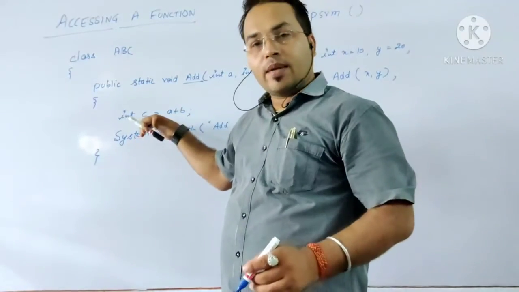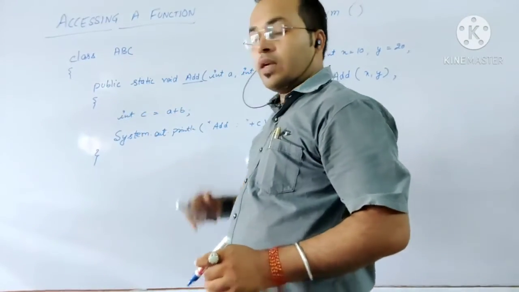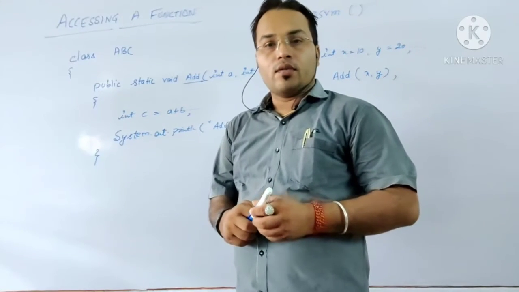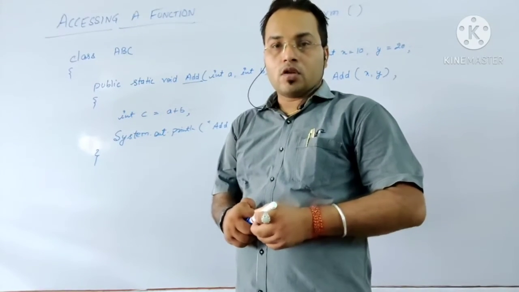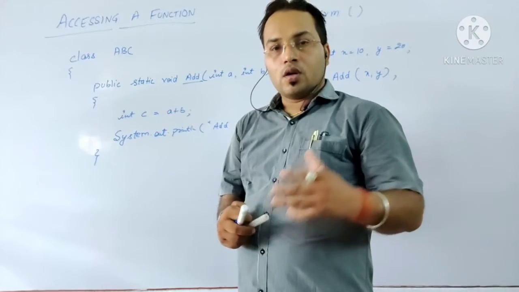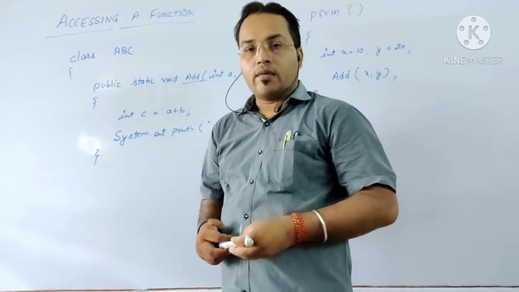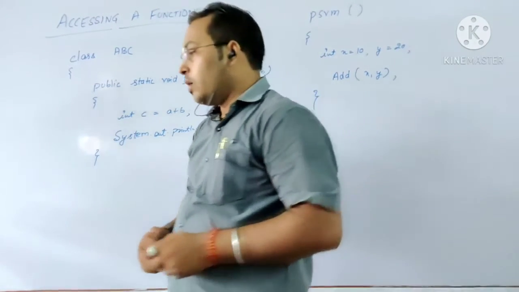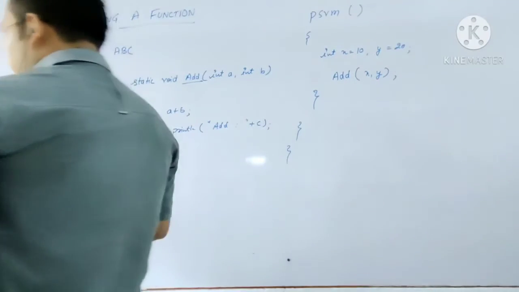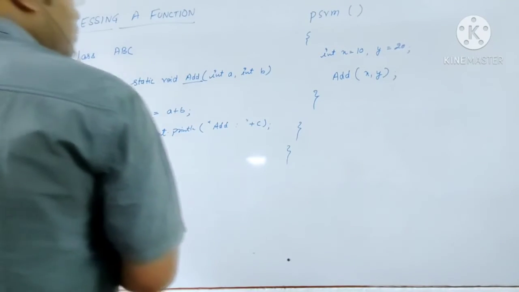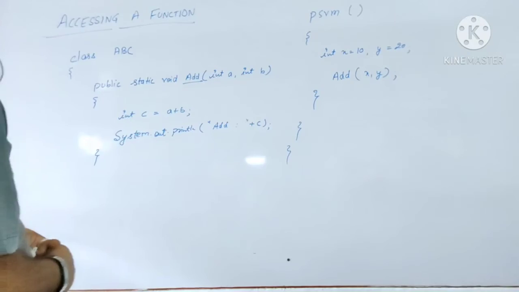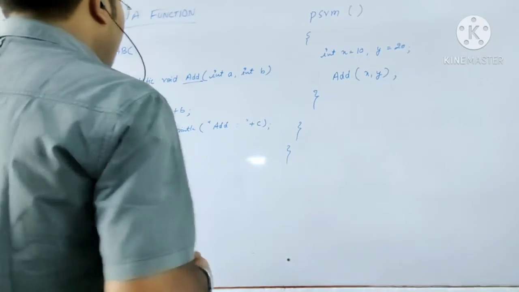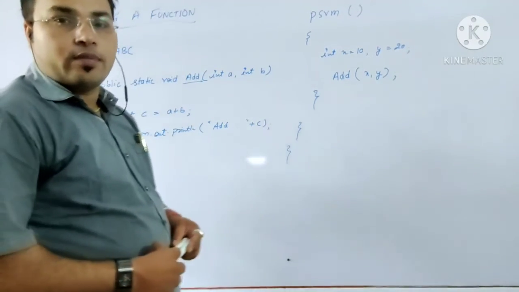Then it will add my numbers, and afterwards we get the result. So this is the way we can access or execute a program. In this way we can write our function programs and access our functions.